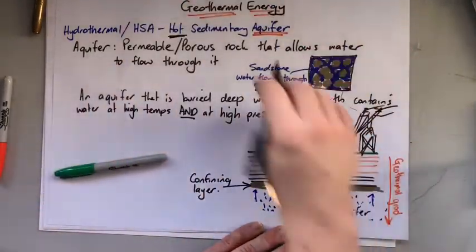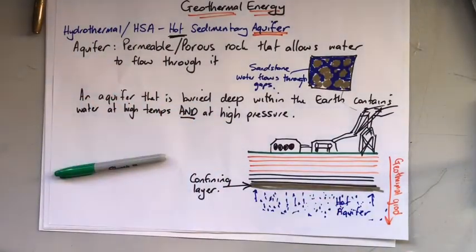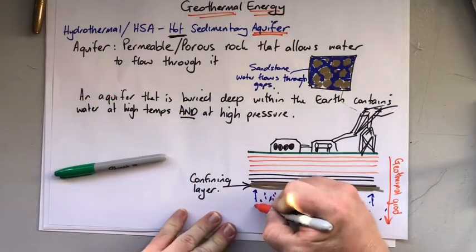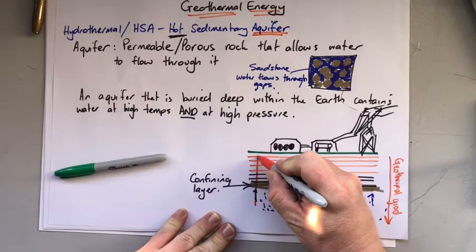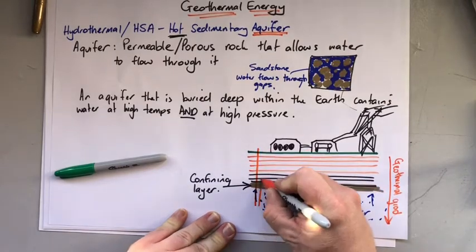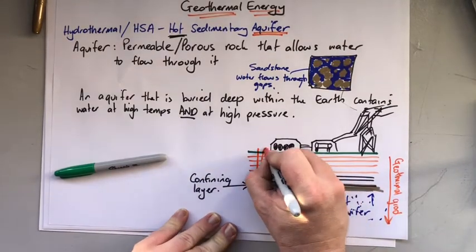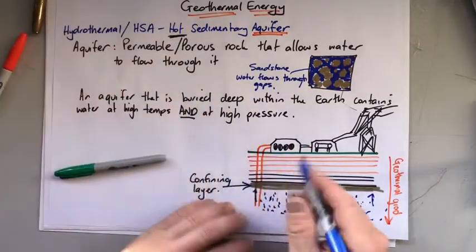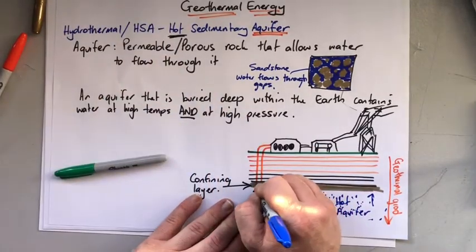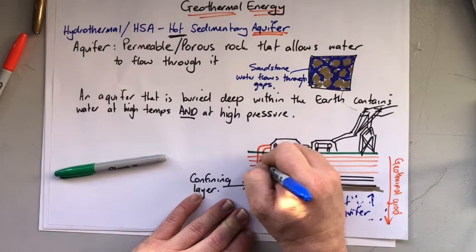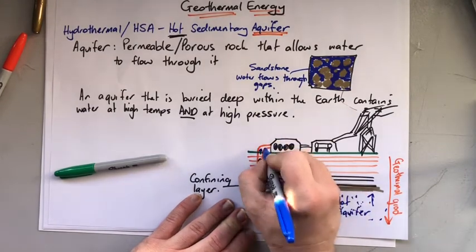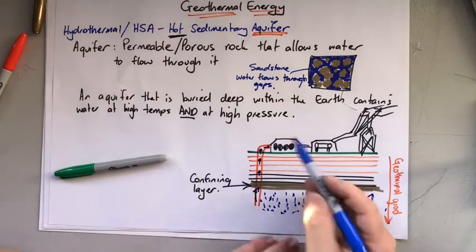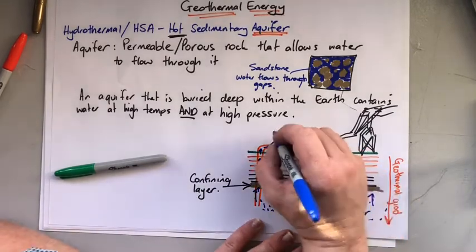So we're going to have our bore, which brings water up from the surface. And this water is going to rise upwards. It's going to be hot enough to turn this turbine.